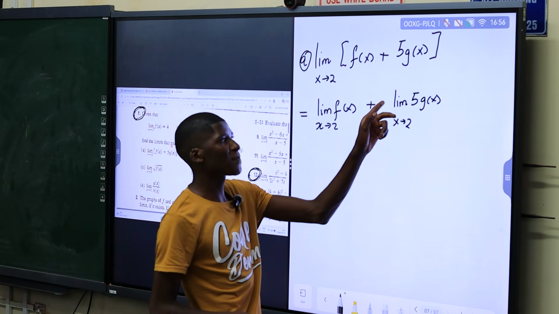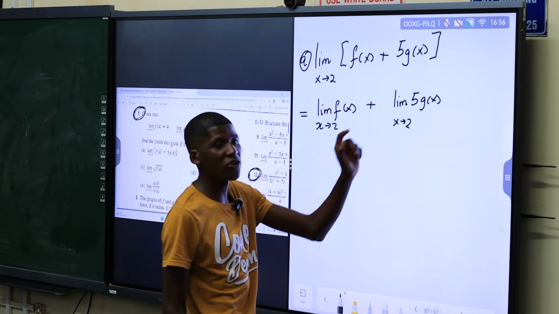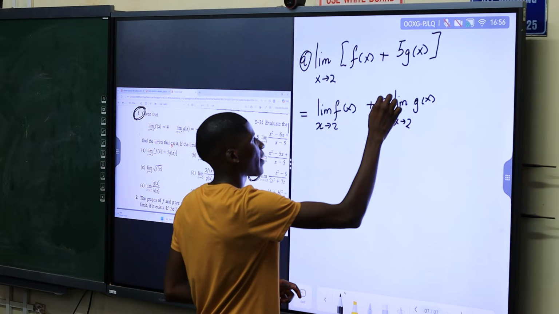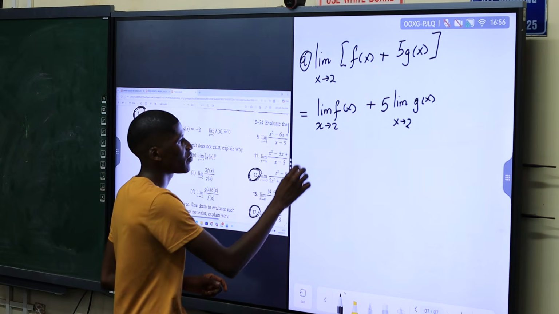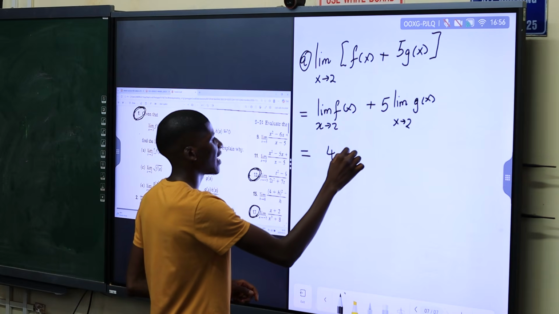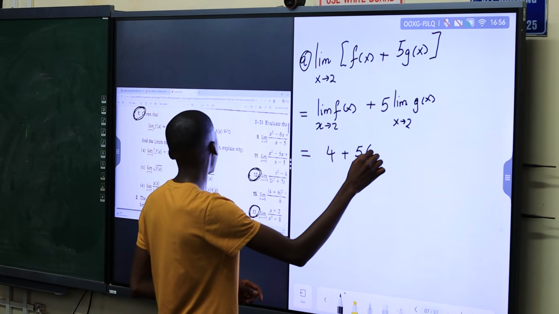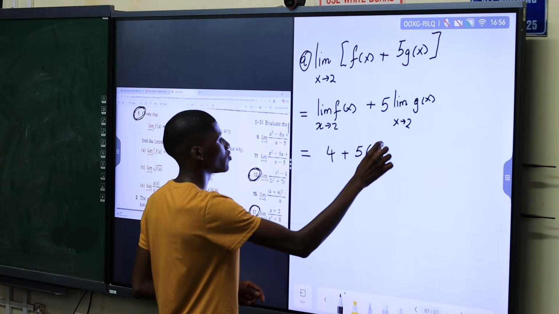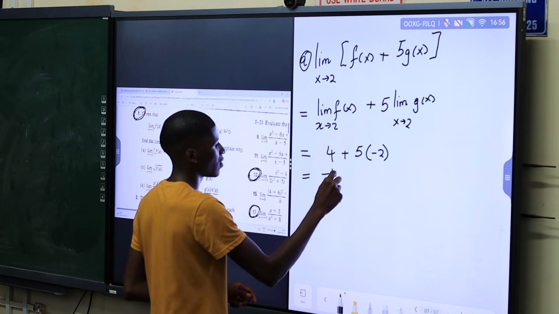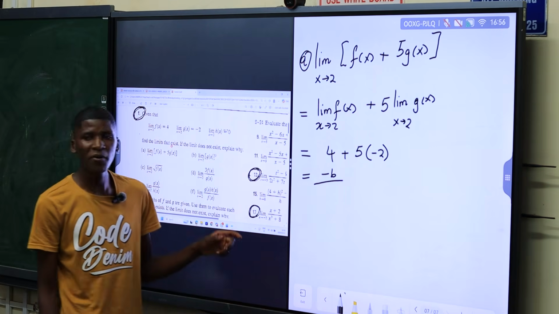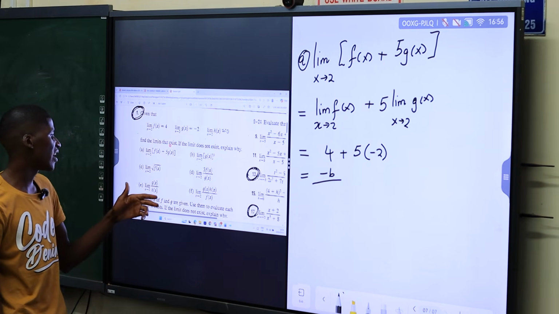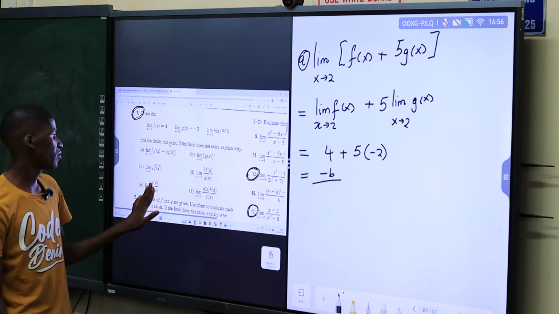But this 5 you can take out because it's a constant multiple, so you have 5 times the limit of g of x. Now we just substitute. The limit of f of x is 4. For g of x it is negative 2. So this is going to be 4 minus 10, which will be minus 6. You can do it multiple times for other examples.